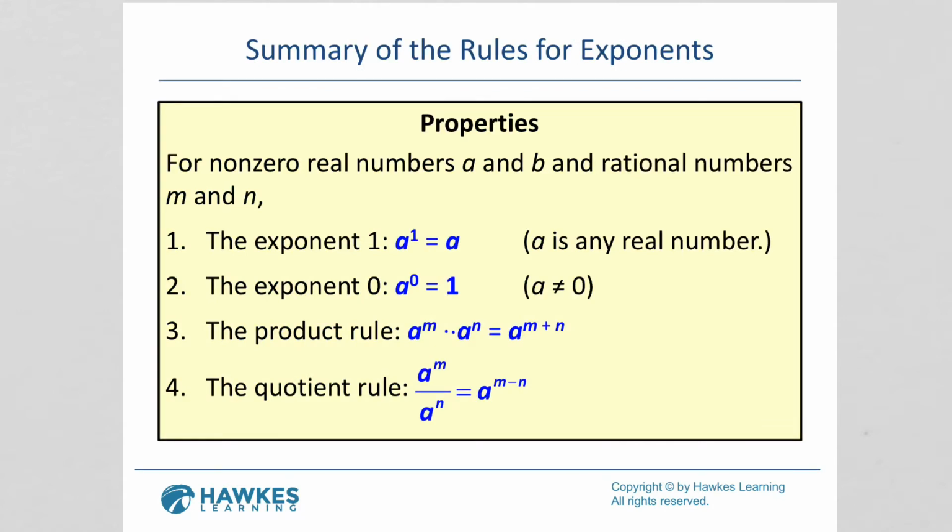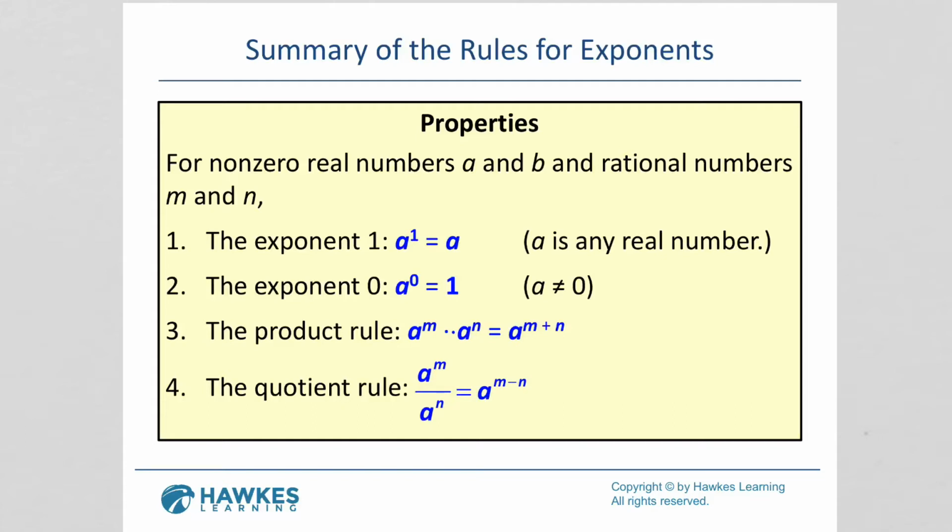Some of the rules for exponents. For non-zero real numbers a and b, and rational numbers m and n, our first rule, the exponent 1, a to the 1st power is a, as long as a is any real number. 2, when the exponent is 0, a to the 0 power is 1, as long as a is not equal to 0.